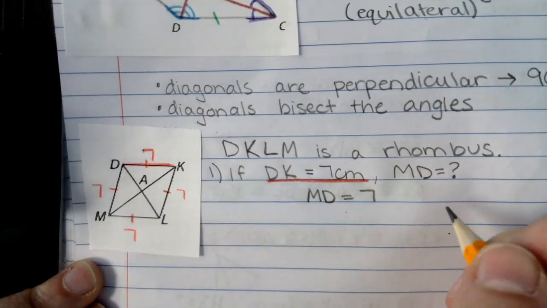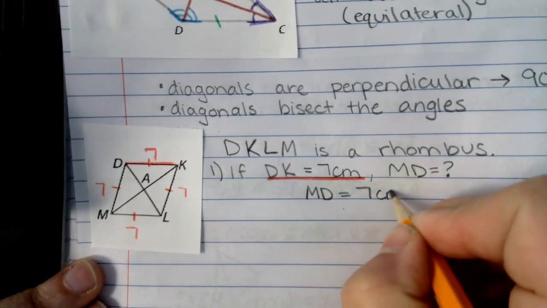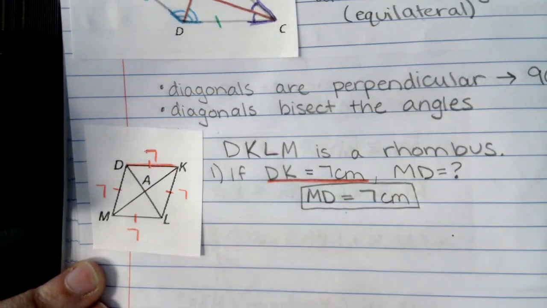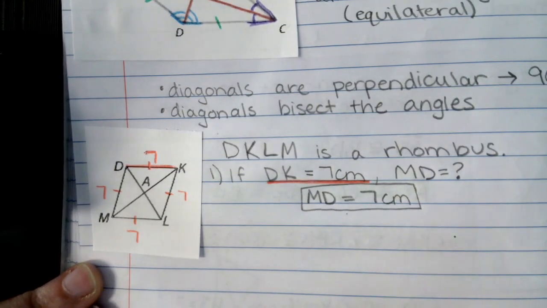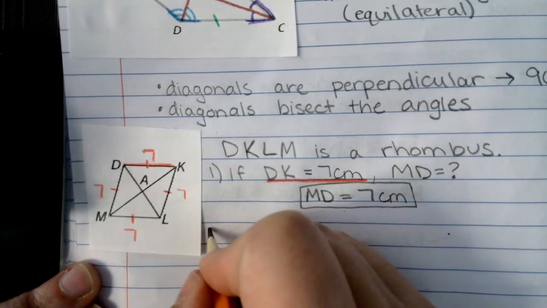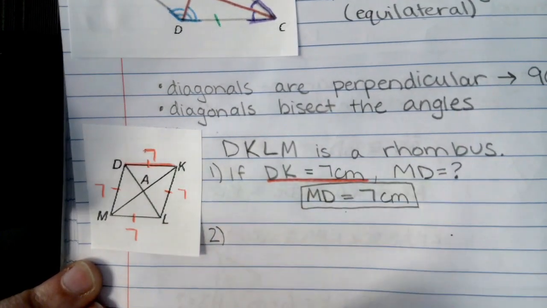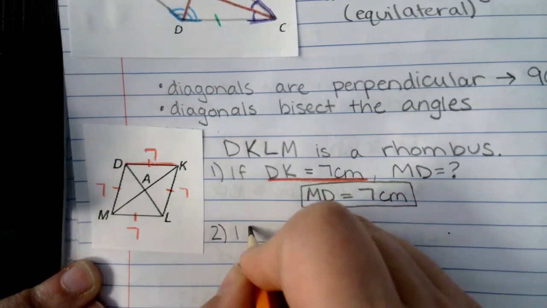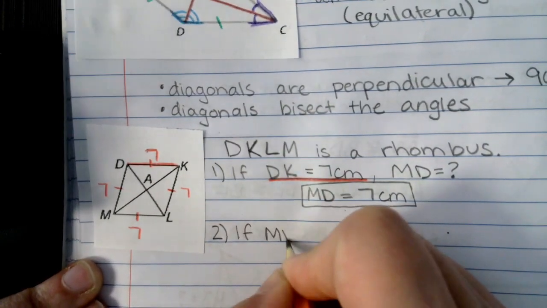If MK is 18 centimeters, then what is MA? Alright, let's find that first.